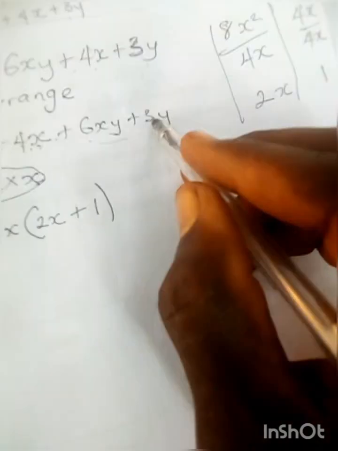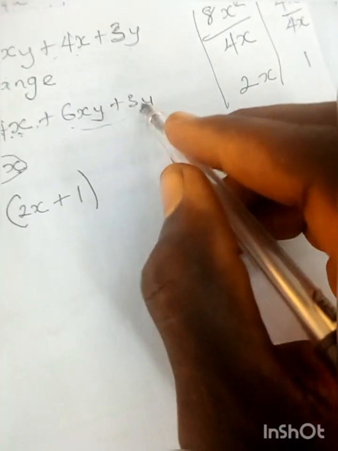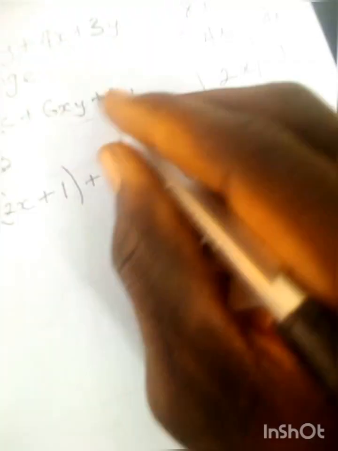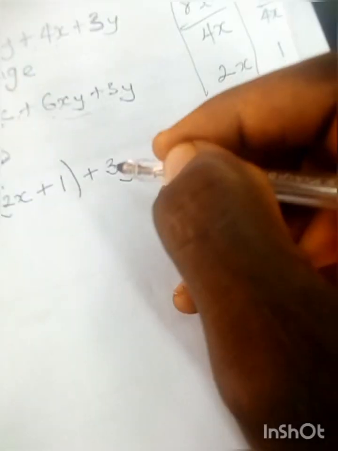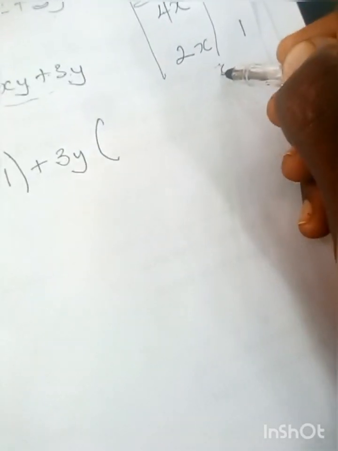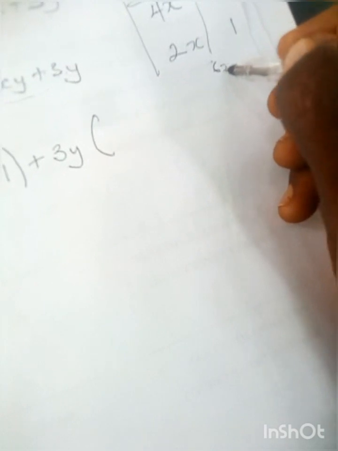Here in these two, what's common? 3 is a factor. y is a factor. We'll now say plus 3y because plus is common now. Now we'll go again. 6xy over 3y, what will it give you? It will give you just 2x.